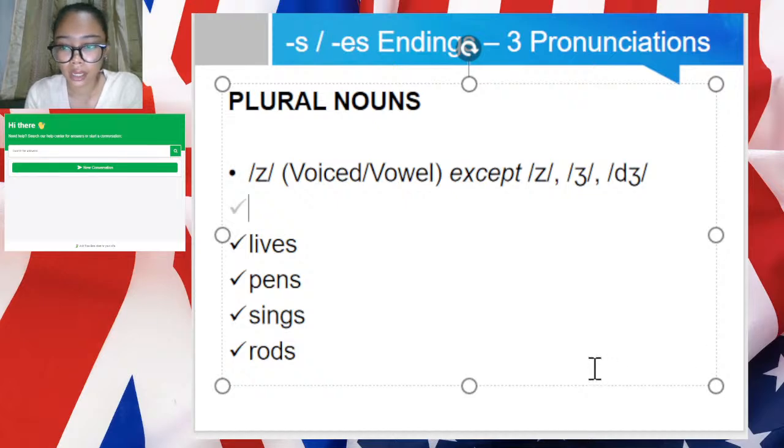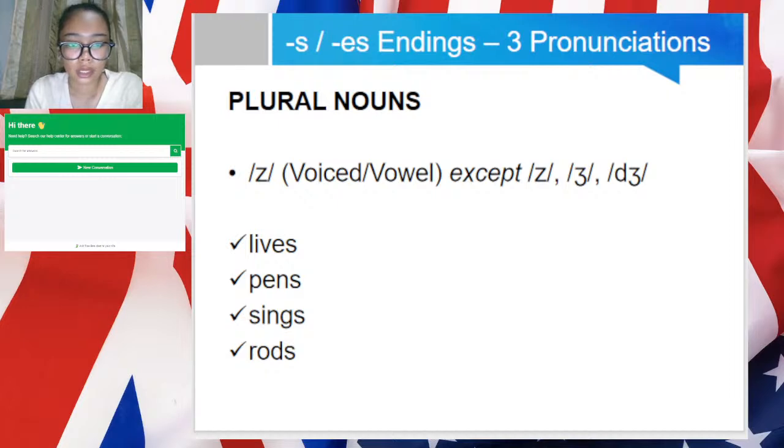Anyway, let's have the second rule. Here, the rule is that if the noun as well as the verb ends in a voiced consonant sound, where you do feel vibrations from your throat, or if it ends in a vowel sound, then the suffix s is pronounced as z, the buzzing sound z.